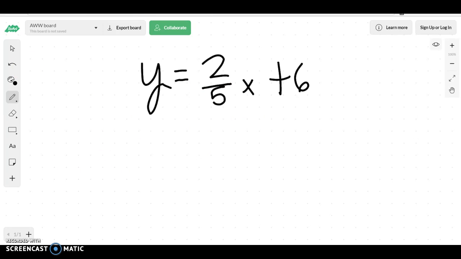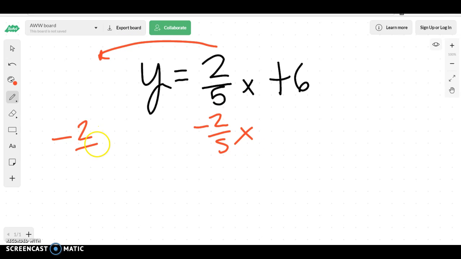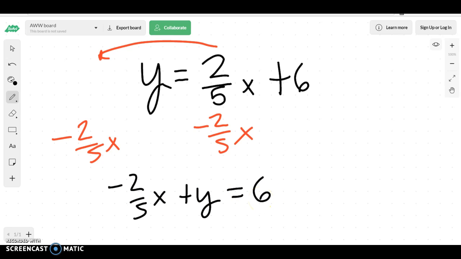Let's try another. For this problem, if you had trouble getting it in standard form, the first thing again is you want to have the x and y on the same side. So we're going to subtract negative 2/5 x. I'm then going to have negative 2/5 x plus y is equal to 6. At this stage, I don't want a fraction.